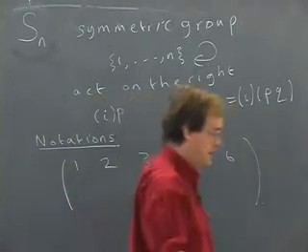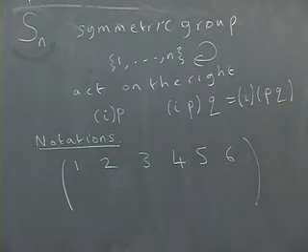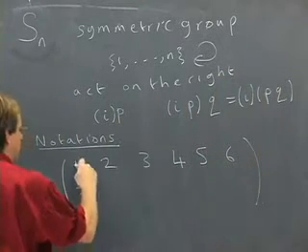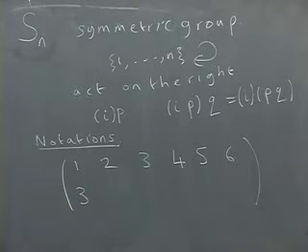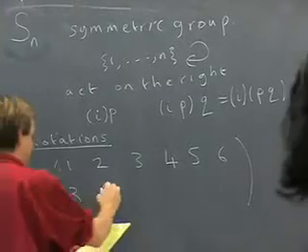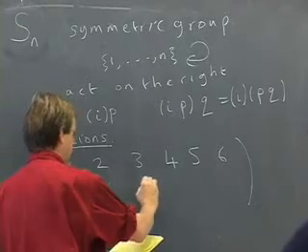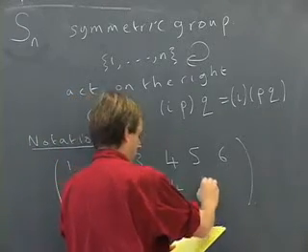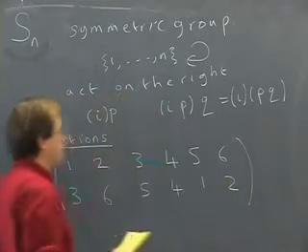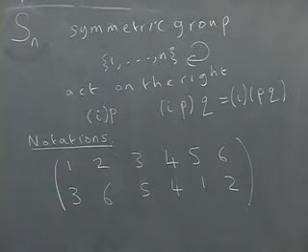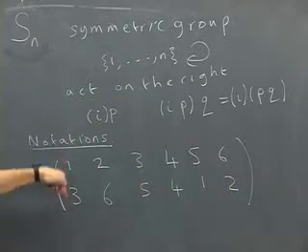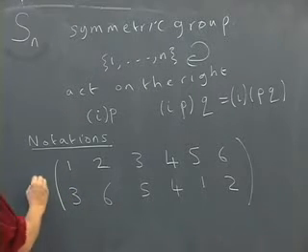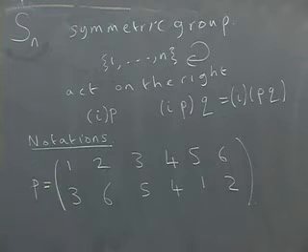So if I had an element of the symmetric group on 6 letters which sent 1 to 3, I would write 1 underneath the 3 underneath the 1 to show that 1 goes to 3, and then we might have 2 to 6, 3 to 5, 4 to 4, 5 to 1, and 6 to 2. So this is the permutation that sends the element of this row to the element of that row. I'm going to be using that a lot, so let me call that particular permutation P.